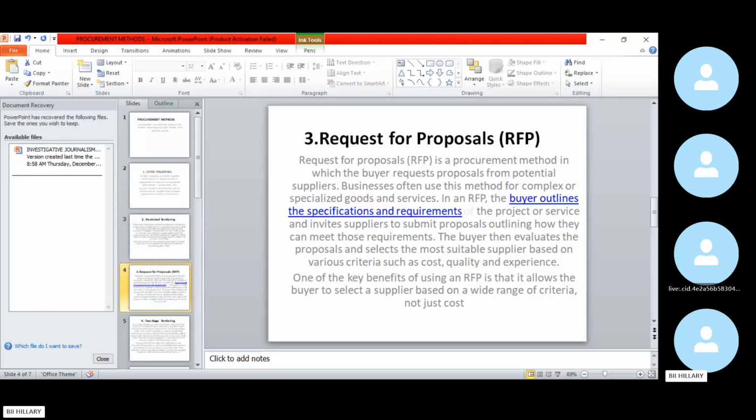In the request for proposal method, the buyer outlines the specification and requirements of the project or service and invites suppliers to submit proposals outlining how they can meet those requirements. The buyer then evaluates the proposals and selects the most suitable supplier based on various criteria such as cost, quality, and experience.